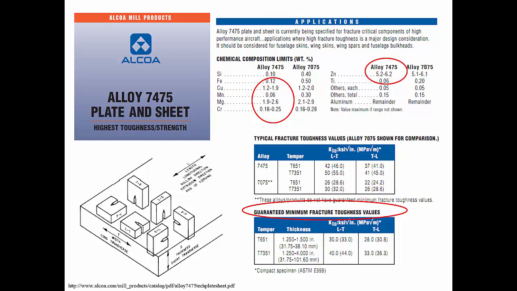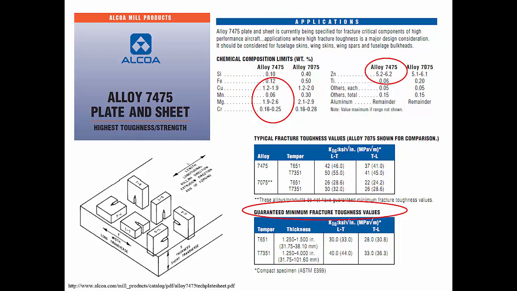What you see here on the screen is a data sheet for an industrial aerospace alloy 7475, which is one of the alloys that have been developed over the years for aerospace applications, which are very critical with respect to fracture toughness. And there are a couple of interesting things that I want you to notice here.